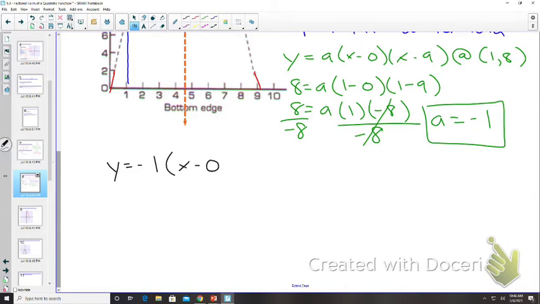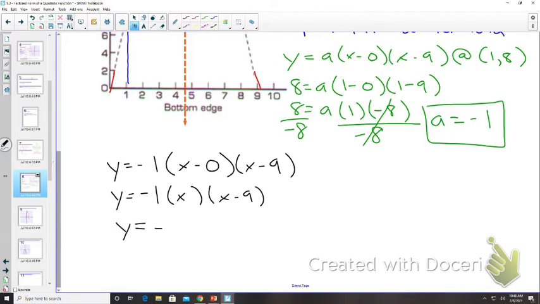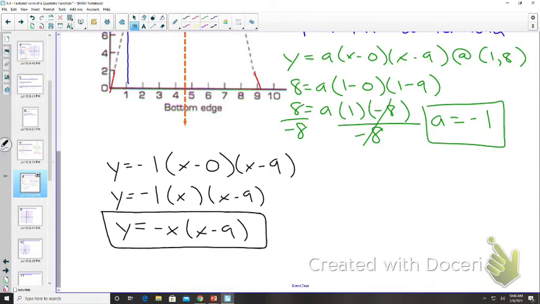X minus 0, x minus 9, okay, x minus 0 is just going to be x minus 9, okay, and then I'm going to simplify this. Negative 1 times x is going to be negative x minus 9. Final answer.